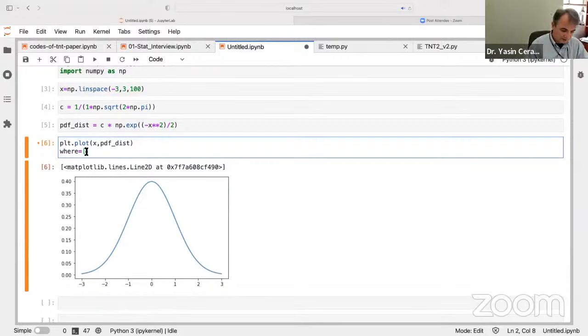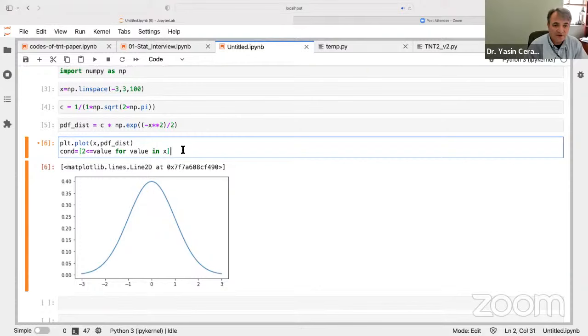So let me say condition. Condition is the value greater than 2 for all the numbers in X. I'm just using list comprehension.